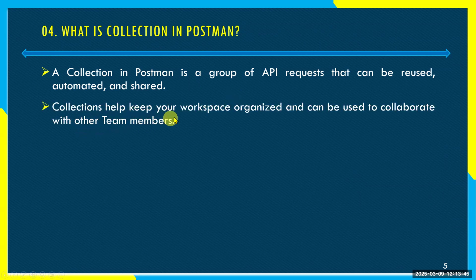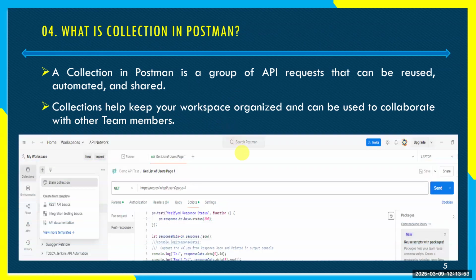Collections help keep your workspace organized and can be used to collaborate with other team members. So to create a collection, in the Postman left side window, click on the plus button, then a blank collection is available. Just simply click on collections. So this is how to create a collection in Postman.